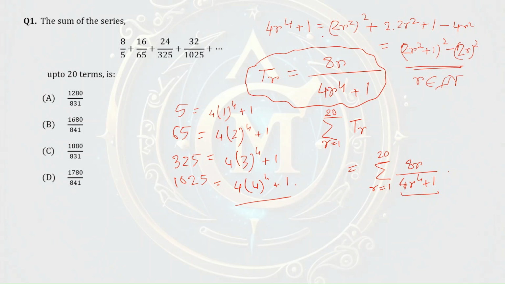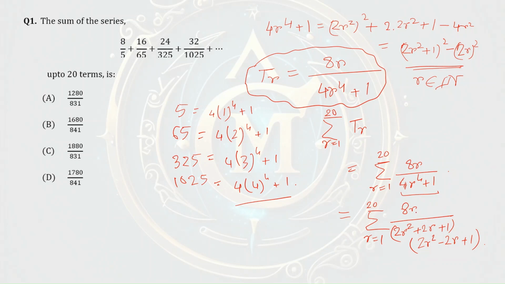So we can factorize this as, let us write the factor. This will be summation 8r divided by 2r square plus 2r plus 1, then 2r square minus 2r plus 1, where r is running from 1 to 20.